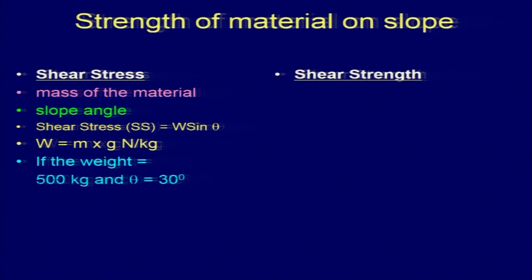Now, if the mass is say around 500 kg and your theta is around 30 degrees, then you have W equal to 500 kg into 9.8 Newton per kilogram.